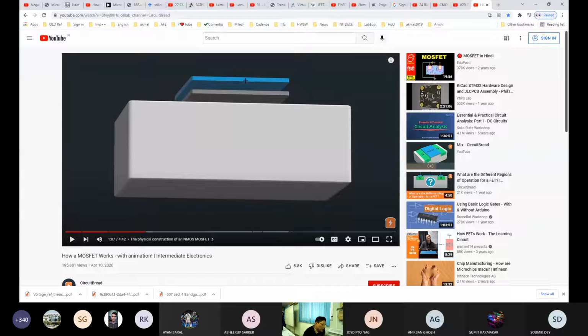It is like a capacitor. A capacitor requires two conductive plates. Here the top plate, when we started the MOS, the initial phases of MOS used metal as the top plate.